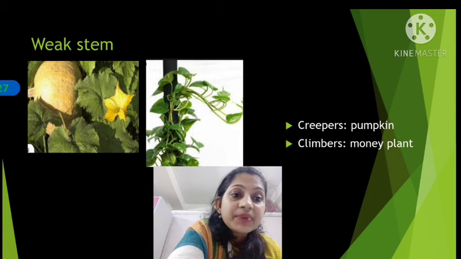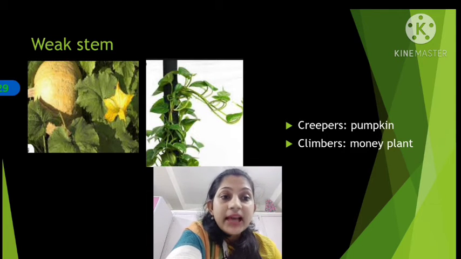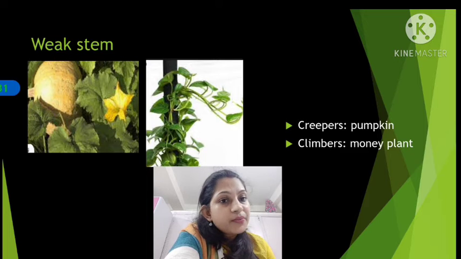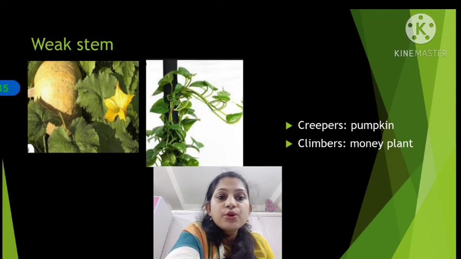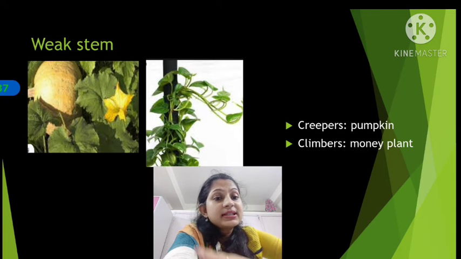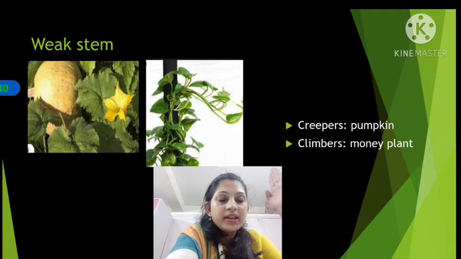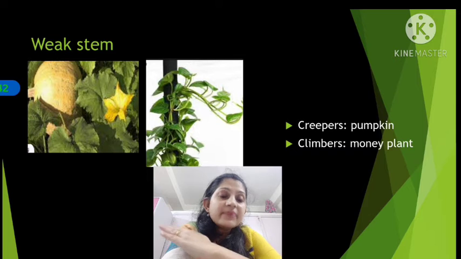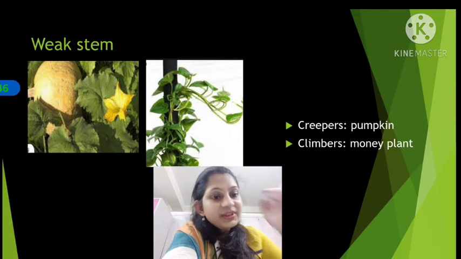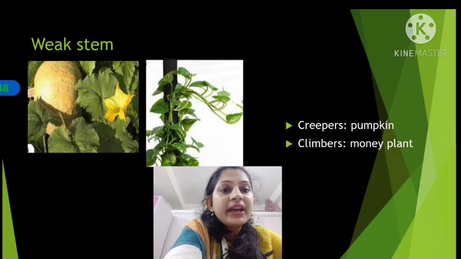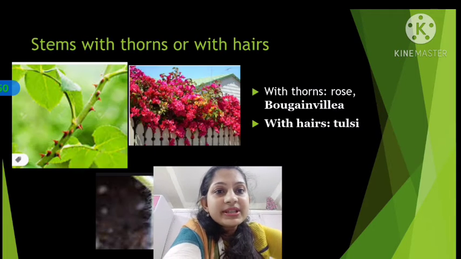Example is pumpkin. Whereas climbers, if they get support, they can climb. But both plants are so weak that they cannot stand erect. Erect means standing straight. These plants cannot stand straight.